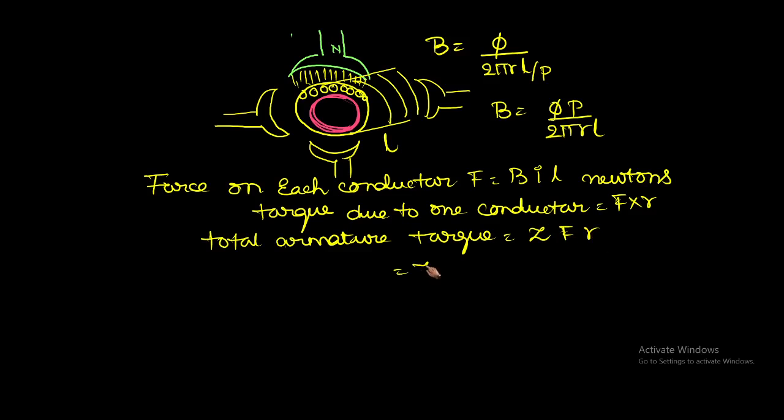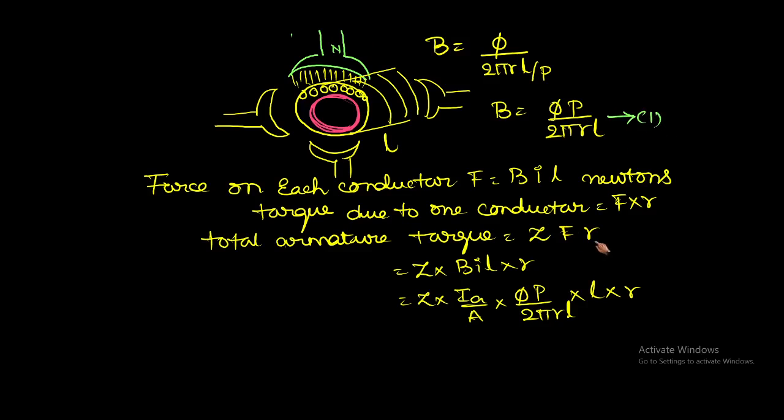So let us substitute Z into B I L, that is the force, into R. And small i we have taken as Ia by A. Next, the flux density we got as P phi by 2 pi R L. Next, I we have substituted, next B we have substituted, and L and R will be there. So I have substituted equations 1 and 2 in 3.